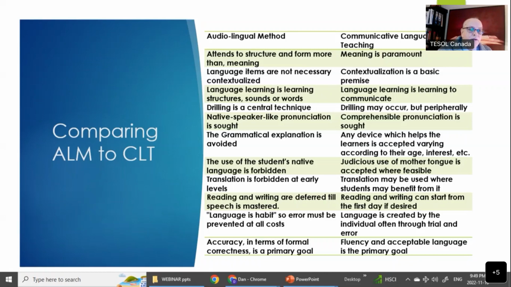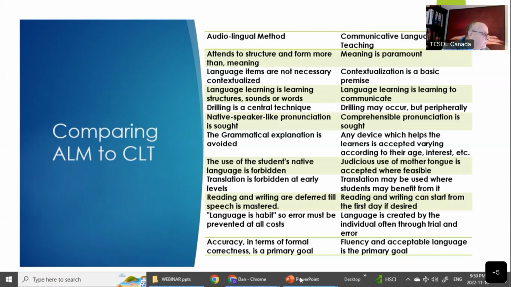You know, you might use the mother tongue as a means of helping a student understand something in the new language, whereas with ALM, you're not allowed to use the native language at all. That's forbidden in the ALM study methodology. So when you come across this chart, you should have a good look at it.